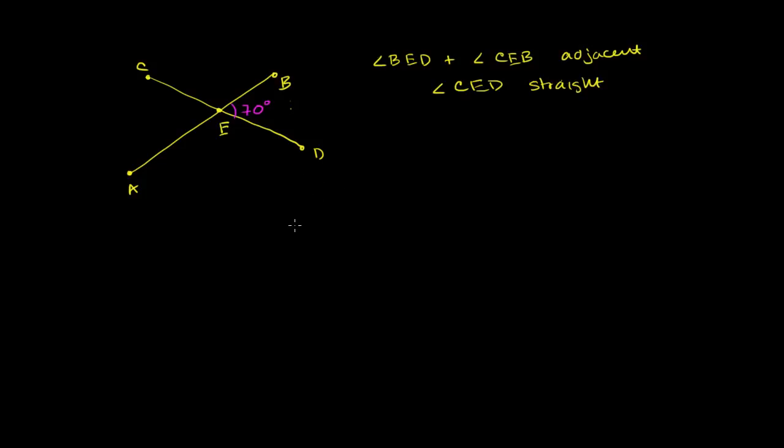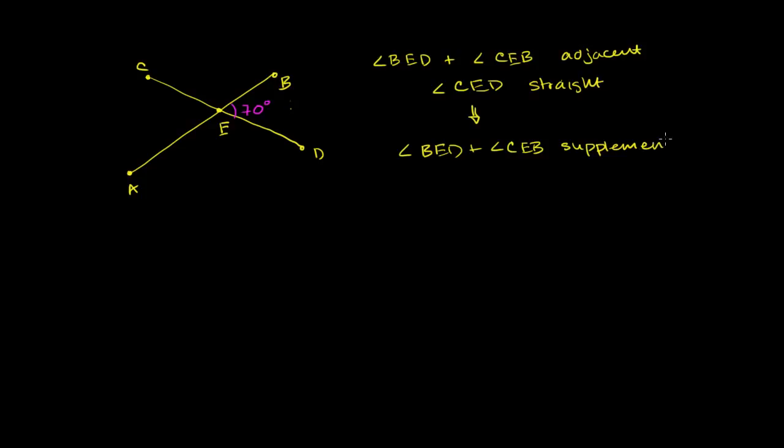So we know that these two angles must be supplementary. They're next to each other and they form a straight angle when you take their outer sides. So we know that angle BED and angle CEB are supplementary, which means their measures add up to 180 degrees.